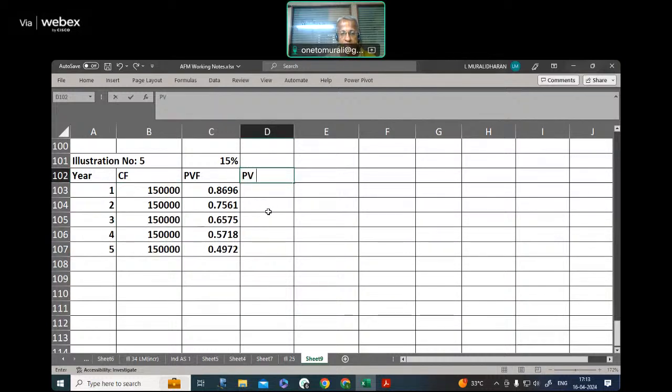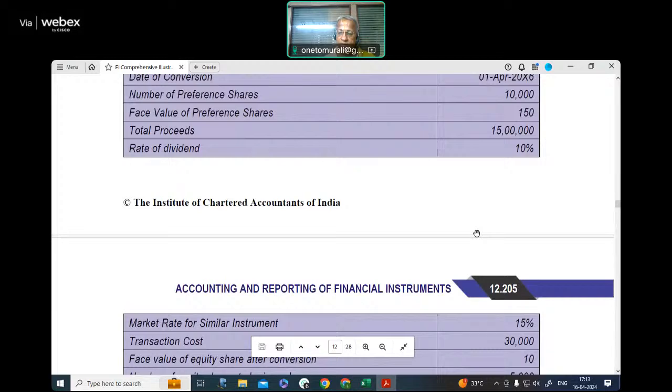Present value of cash flow. So this is what you have here.